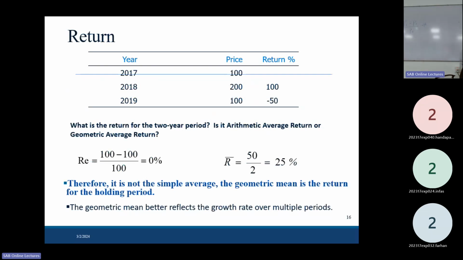Statistical formula, not the simple average. For the exam, you may use the correct formula.